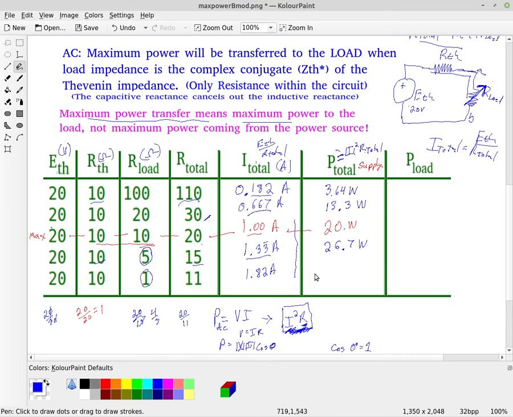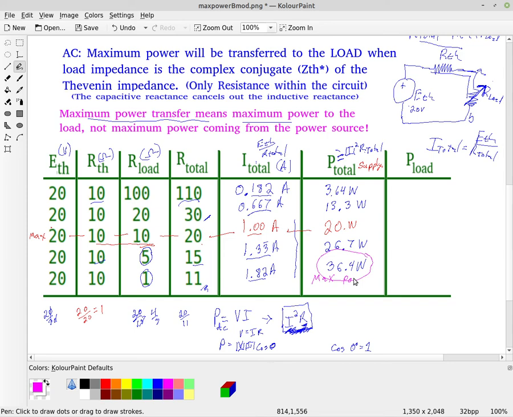So if we do the last case, the total is 11 ohms. Okay, so 11 ohms times 1.82 squared, and that's going to give us 36.4 watts. So hopefully it's very obvious, this is the max power supplied.